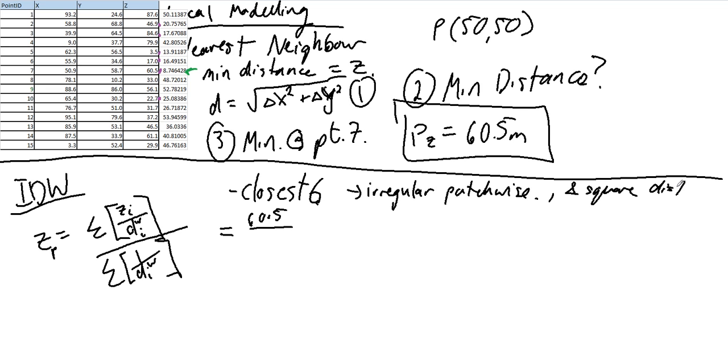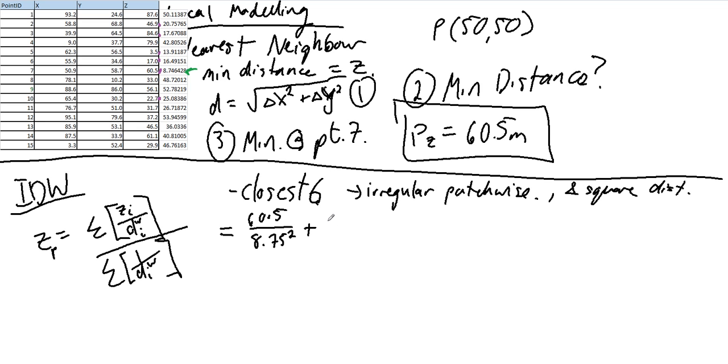So my weight is to 2, so I have a distance to 2. Do I want to square it? Yes, I do want to square it. Okay. So my distance on the bottom is 8.75 squared.